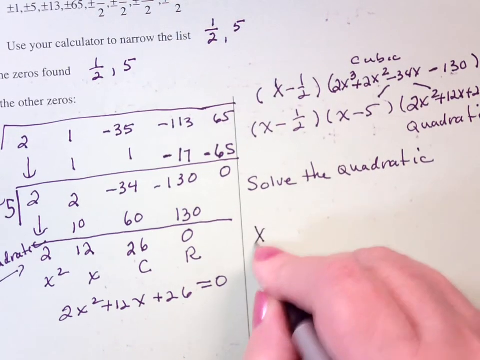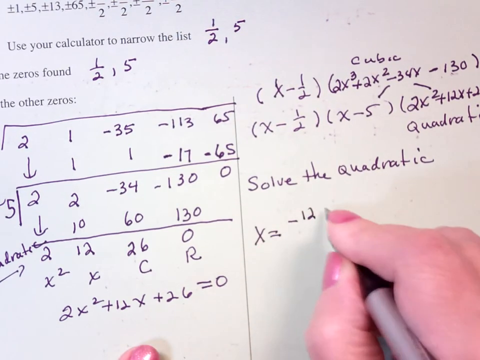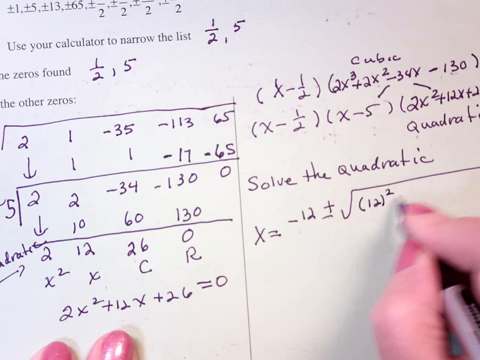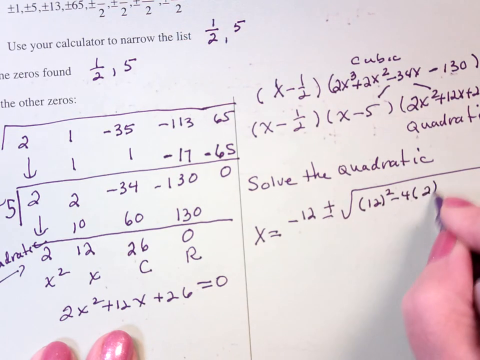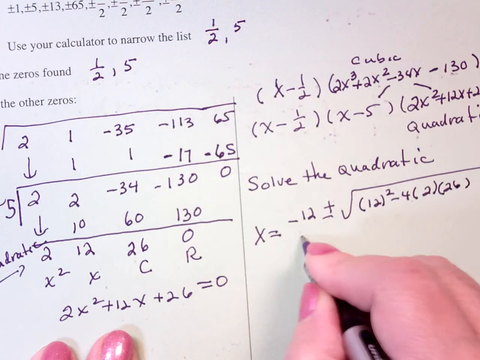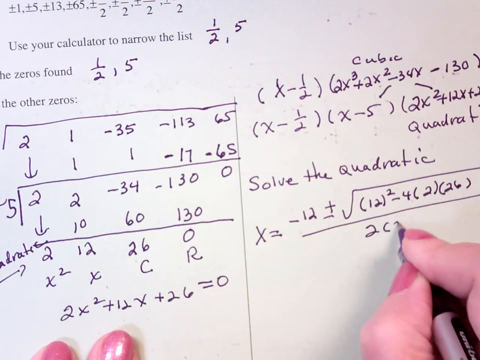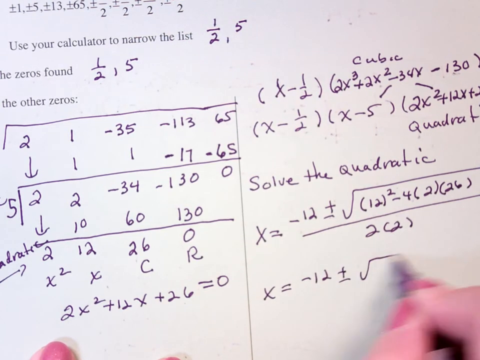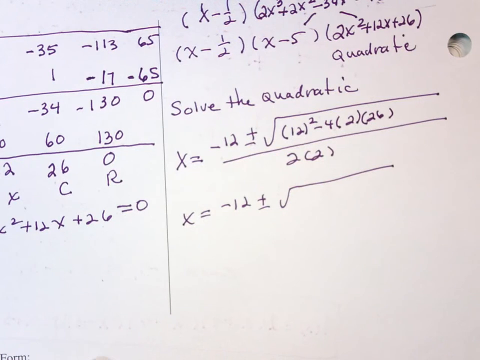So x is minus b plus or minus the square root of b, which is 12 squared, minus 4 times a, which is 2, times c, which is 26, all over 2 times a, which is 2. x is minus 12 plus or minus the square root of the discriminant, 12 squared minus 4 times 2 times 26.